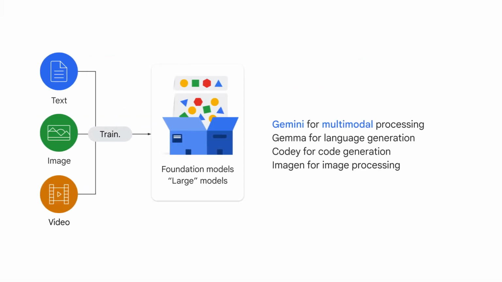At present, the primary foundation models trained by Google include Gemini for multimodal processing, Gemma, a lightweight, open model for language generation, Codey for code generation, and Imagen for image processing. Please note that this list is subject to change as foundation models evolve. Additionally, Gemini has the potential to replace some of these models, as it can process data across multiple modalities.